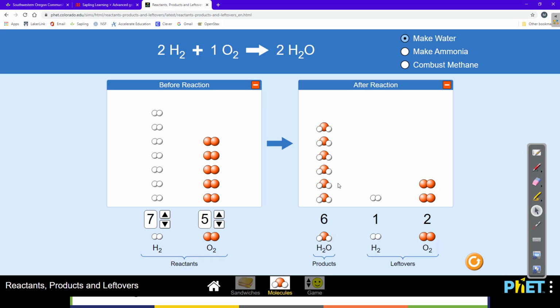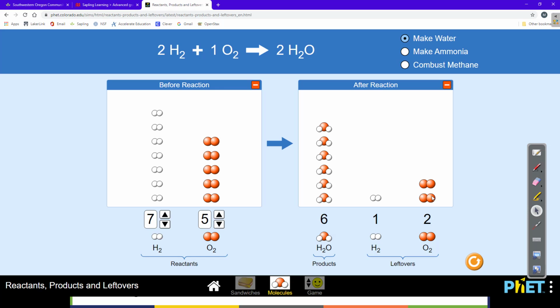Well, let's look at the recipe here. It takes two hydrogen molecules, two H2s, and one O2 to make water. So here's water, and I've got to do this two at a time. So I always need two molecules of H2 to react with one O2. So I've got plenty of O2 left.